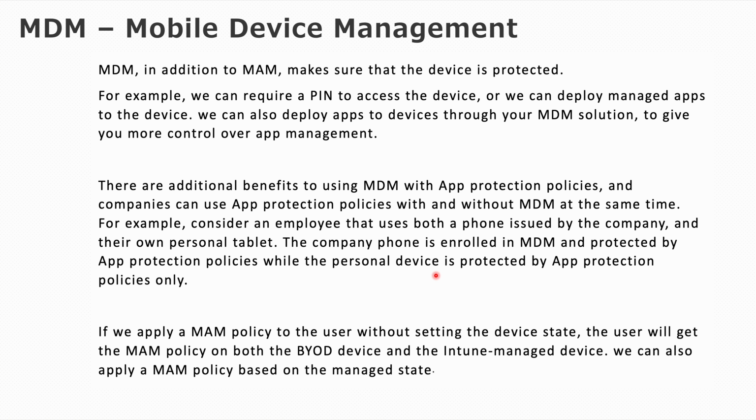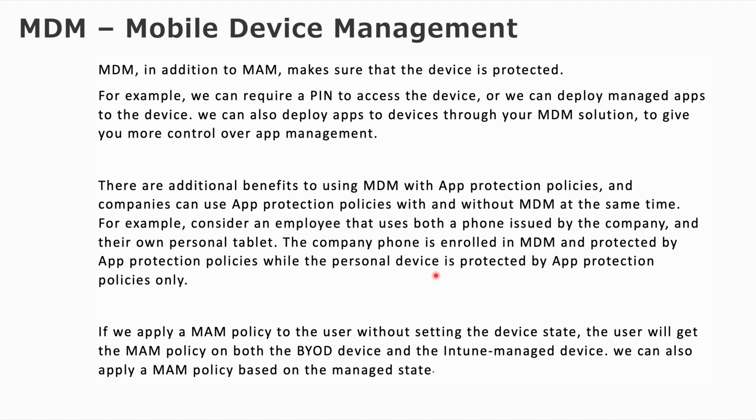Suppose you have a business case where a user has two phones, one company-provided and another a BYOD personal phone. One device can be enrolled in MDM and the other can be used with MAM. If we apply the MAM policy to the user without setting the device state, the user will get the MAM policy on both the BYOD devices.